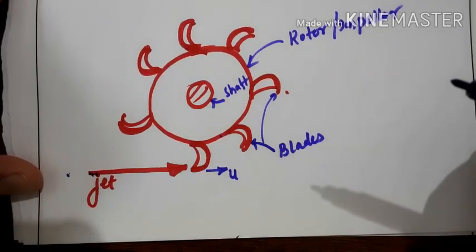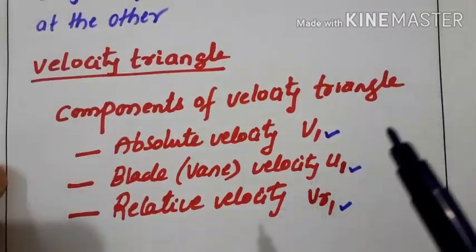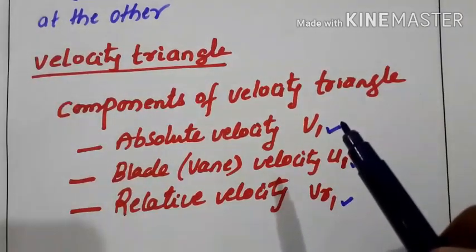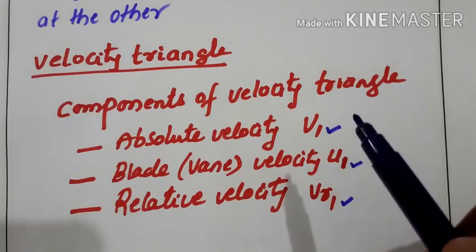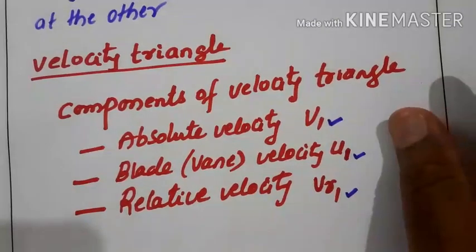That can be represented by drawing velocity triangles at inlet as well as at outlet.